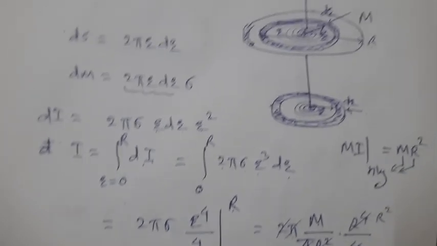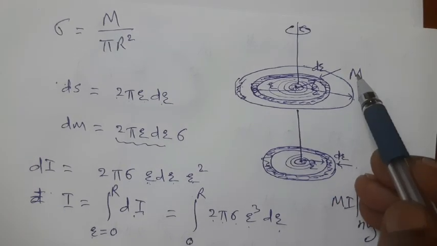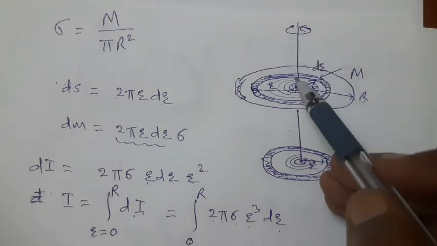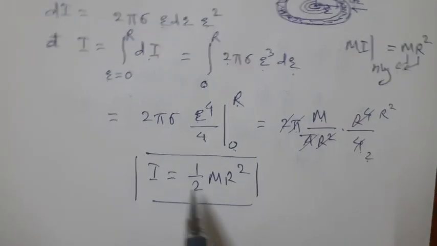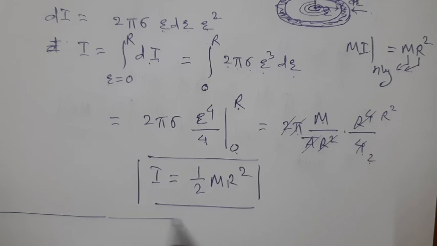That is, the moment of inertia of a disk of mass m and radius R about its axis is half mR square. Okay.